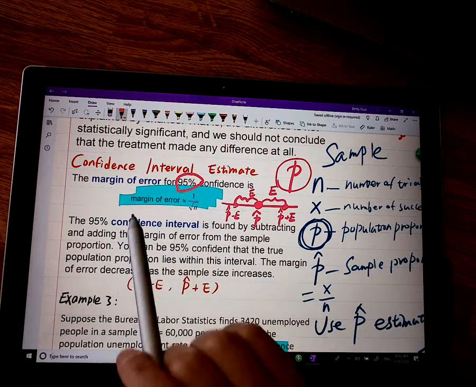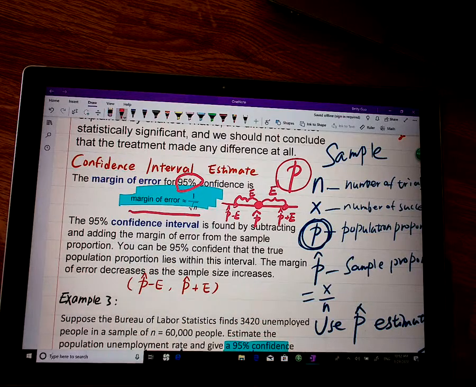The only new thing here is the formula. We have a formula to compute or approximate the margin of error. It is about equal to 1 over root n. What is n? N is the sample size. Okay? The margin of error for 95% confidence is about equal to 1 over the square root of n, where n is the sample size.